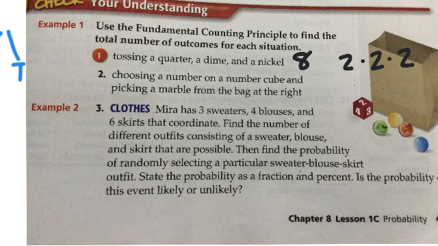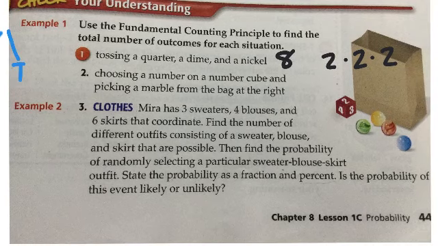Okay, the second one, choosing a number on a number cube and picking a marble from the bag at the right. Pick a number 1 through 6. It's 6. I did 6 times 4 and I just got 24.